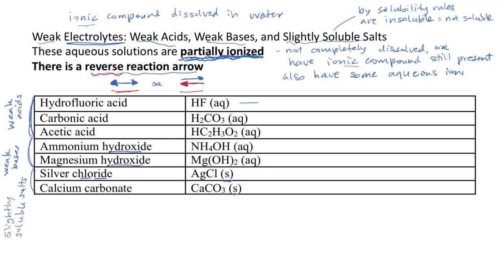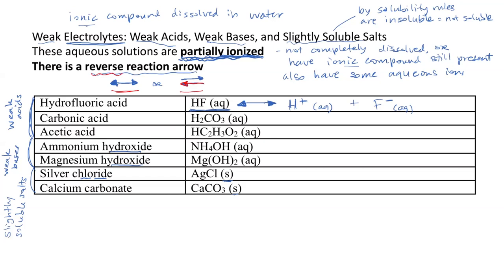So hydrofluoric acid, you have the reverse reaction. You have the same process where you break it apart into the ions, but the only difference is the arrow. Okay, so you have the hydrogen ions, you have the fluoride ions, but you also have this compound, the HF, and that's also different. I don't just get to cross off the ionic compound. That's still going to be present.